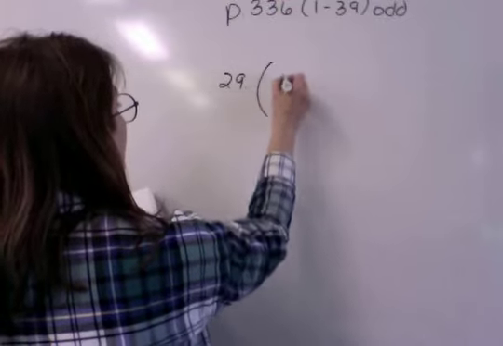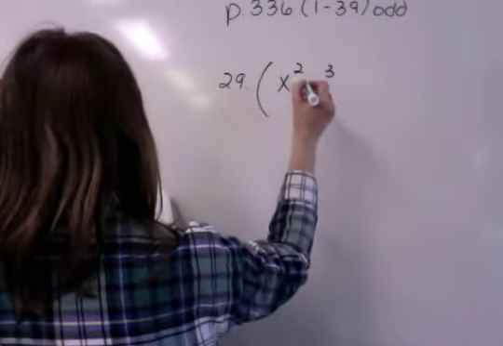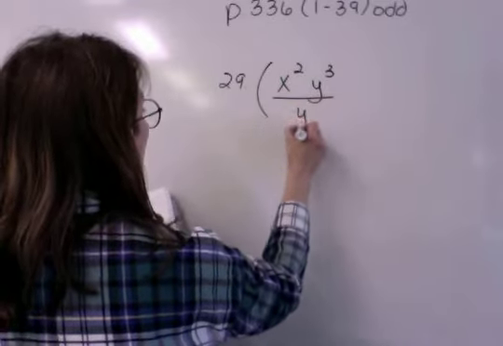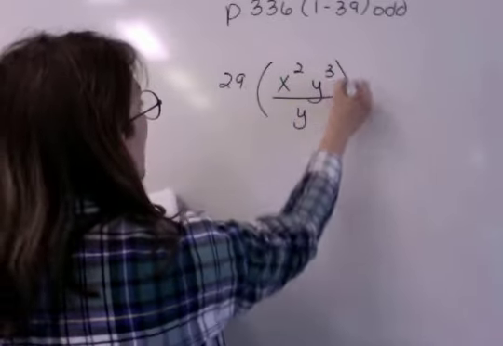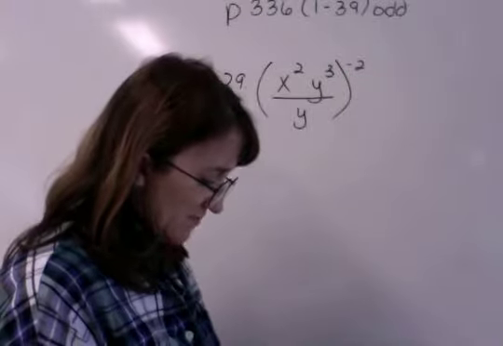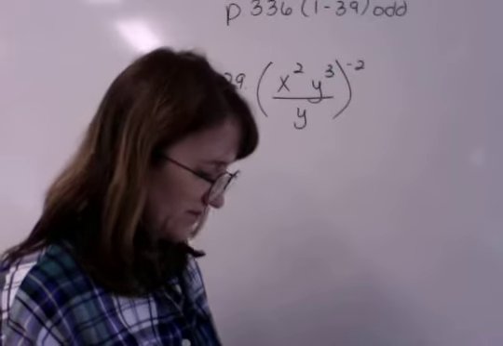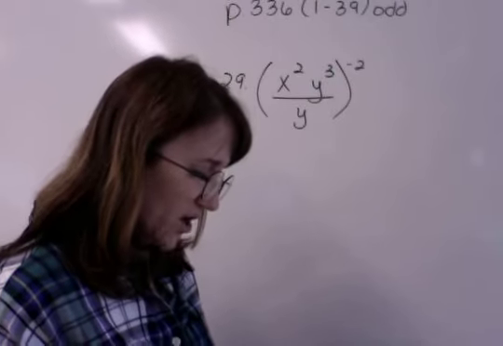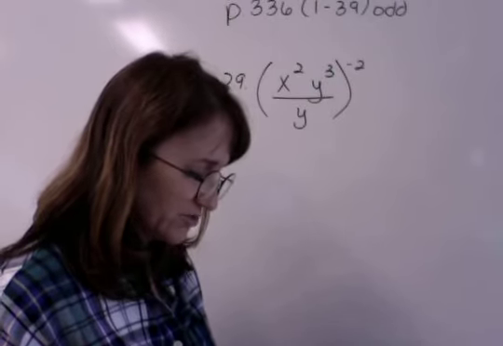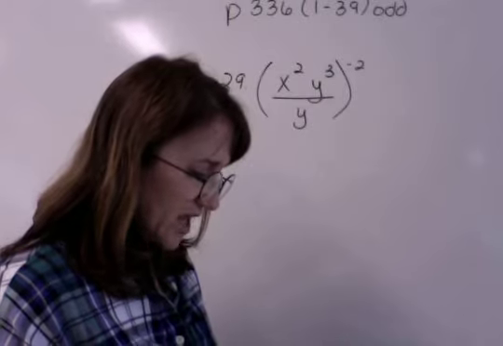29 looks like this. We have x squared, y cubed, and it's hanging over a y. And then all of that is being multiplied by a negative 2 exponent, or negative square, however you want to say that. Well, think about what is going to happen right off the bat to all of those.